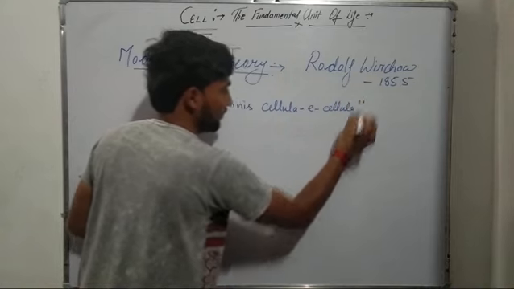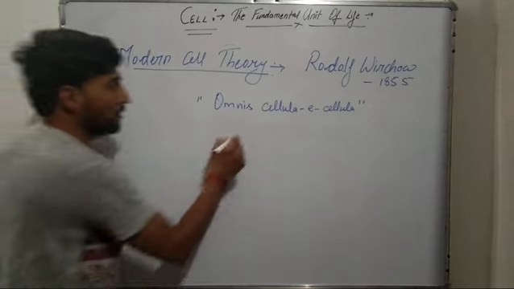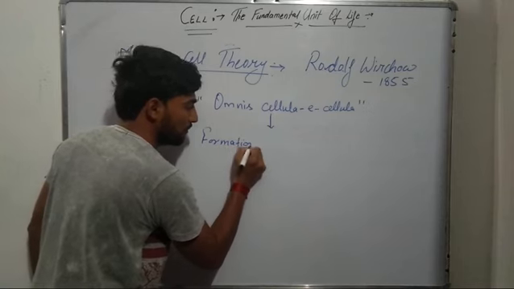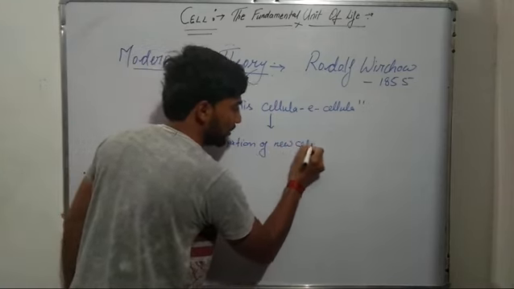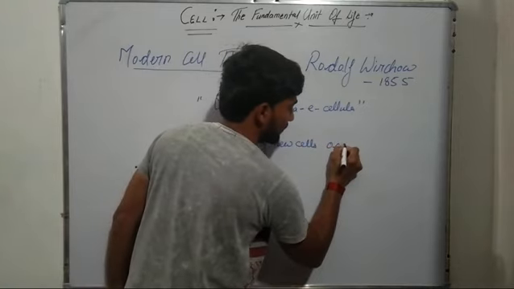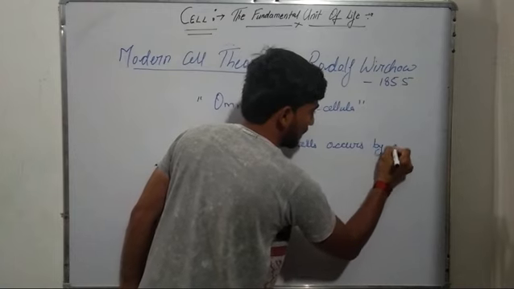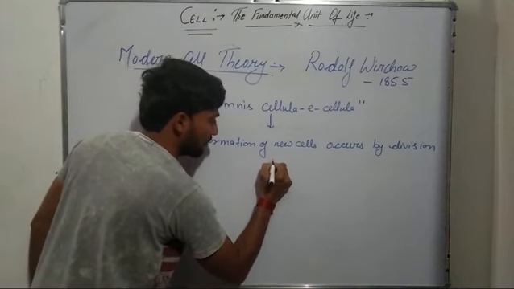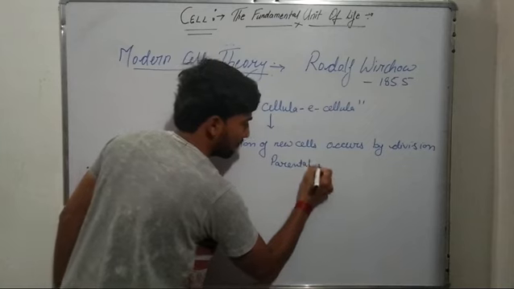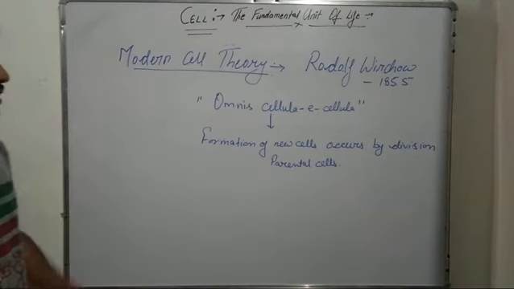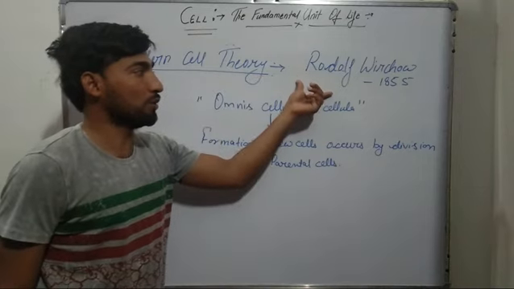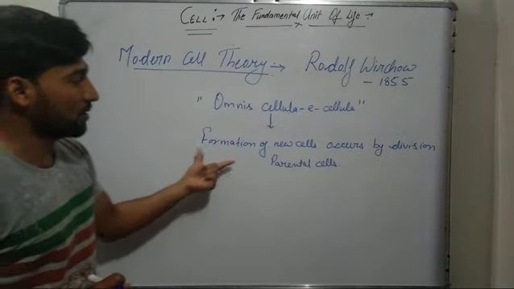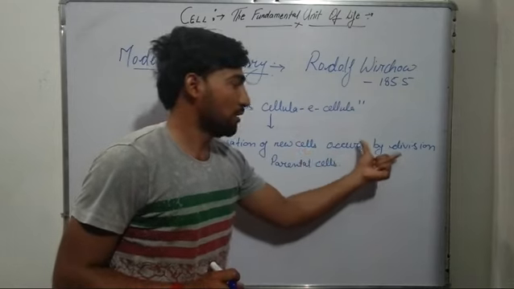It is a Latin term, omnis cellula e cellula, which means that the formation of new cells occurs by division of parental cells, or previously existing cells.